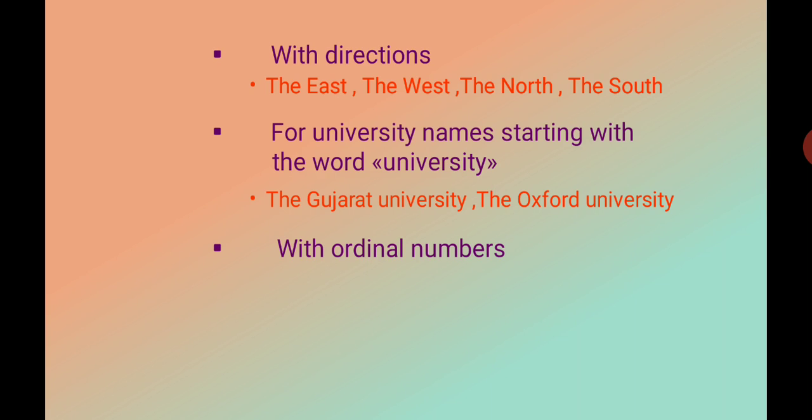So with ordinal numbers we use the: the first, the tenth, the last, etc. Don't follow only the examples. I have given some words in the examples. Related to this rule, you can add the with any ordinal number.